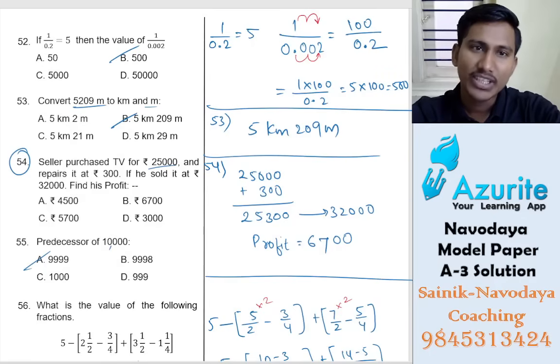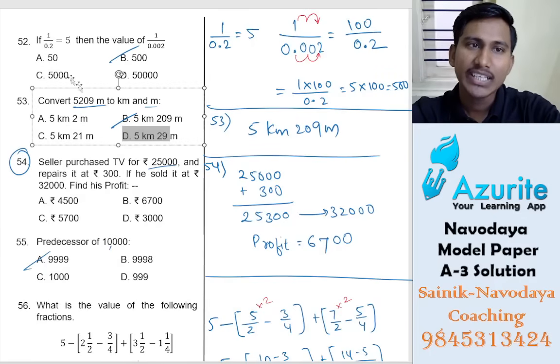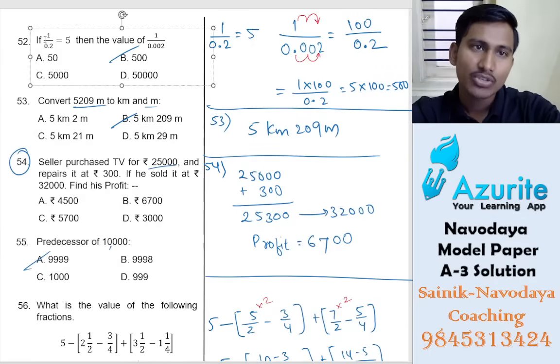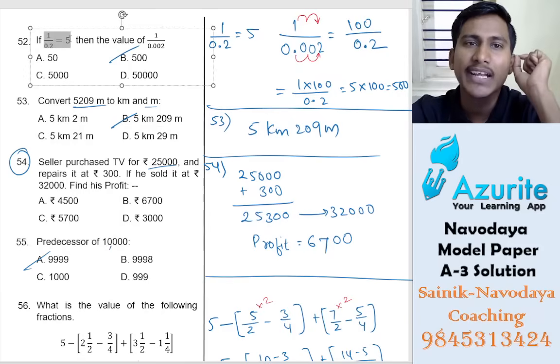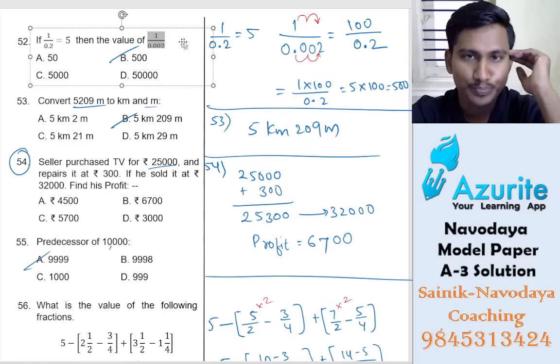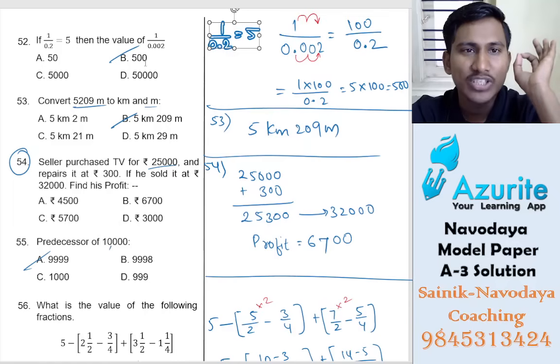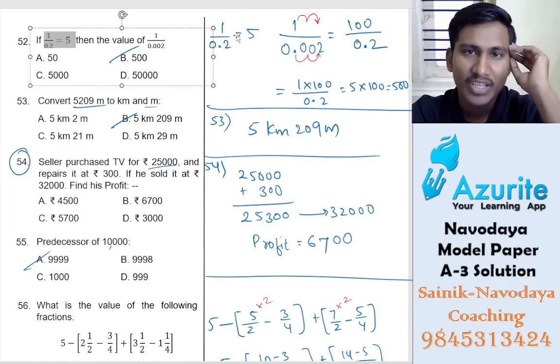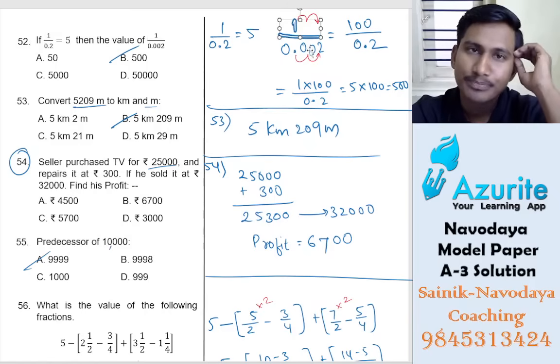So see here students, question 52. They have given if 1 by 0.2 is 5, then find the value of 1 divided by 0.002. So 1 by 0.2 is how much? Here 5. So we have to find 1 by 0.002. We know we have to shift the point.